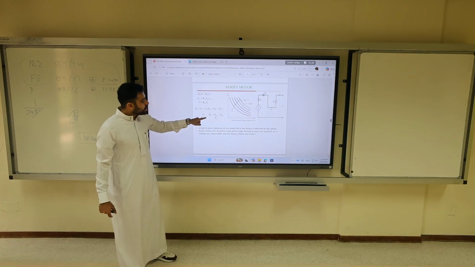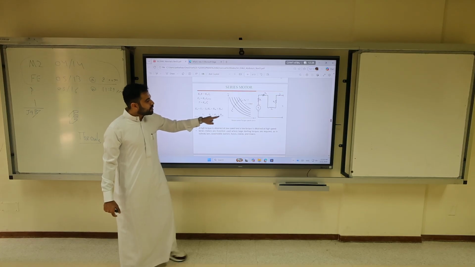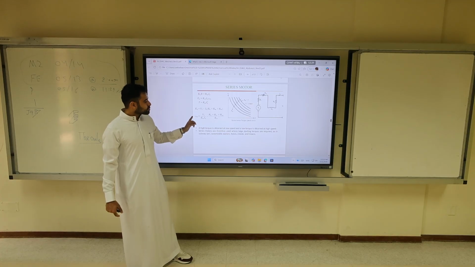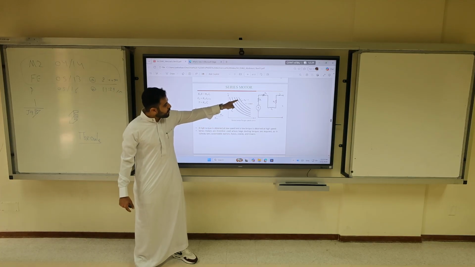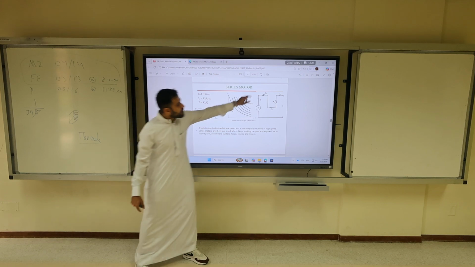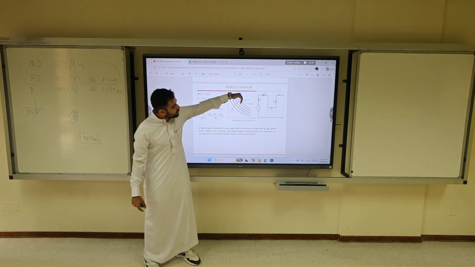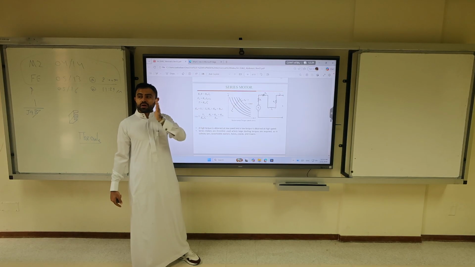So what will happen here, if you increase the resistance? Omega will be less because we have minus. This is variable resistance. If you increase it, the curve of the speed goes down because you have a subtraction here. Clear? This is only for the series.